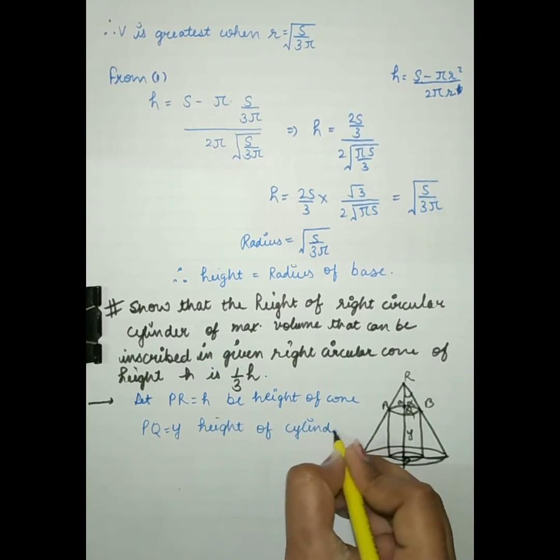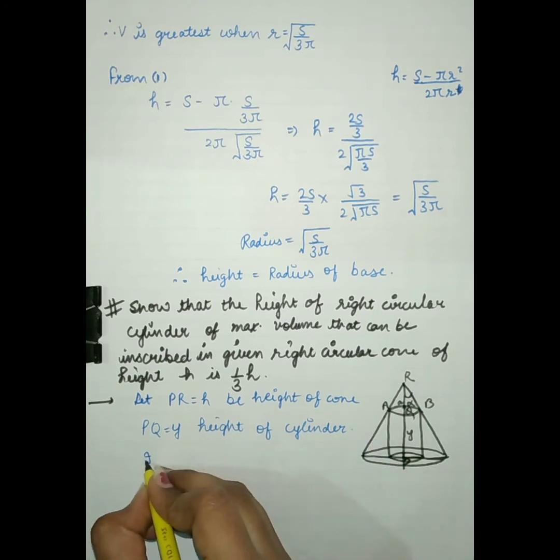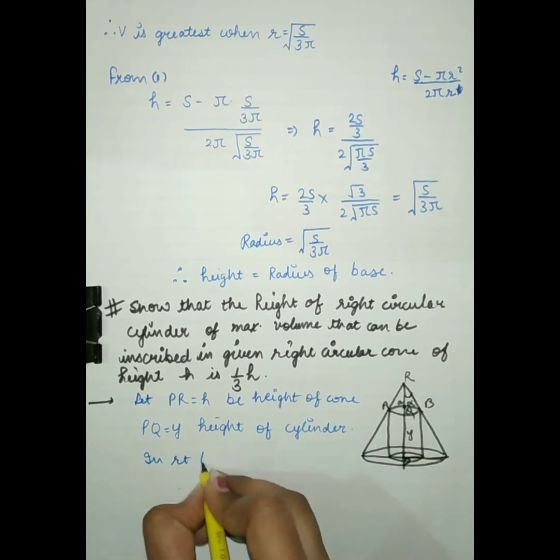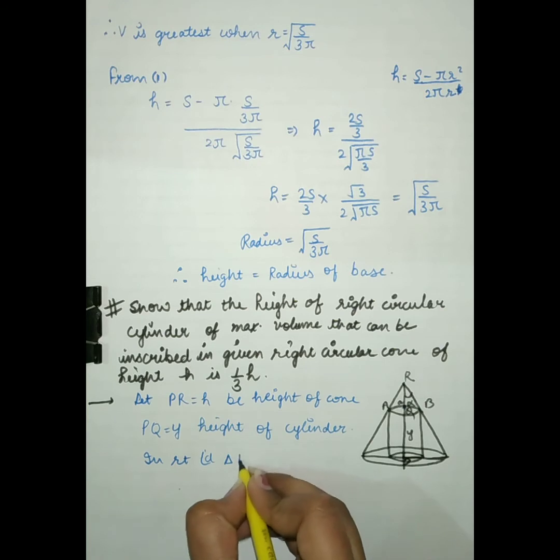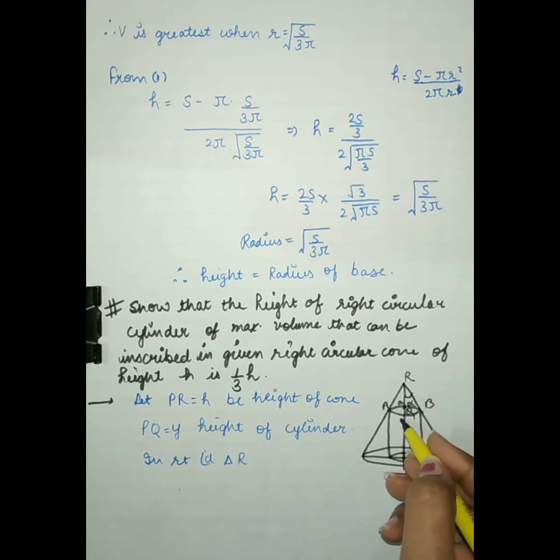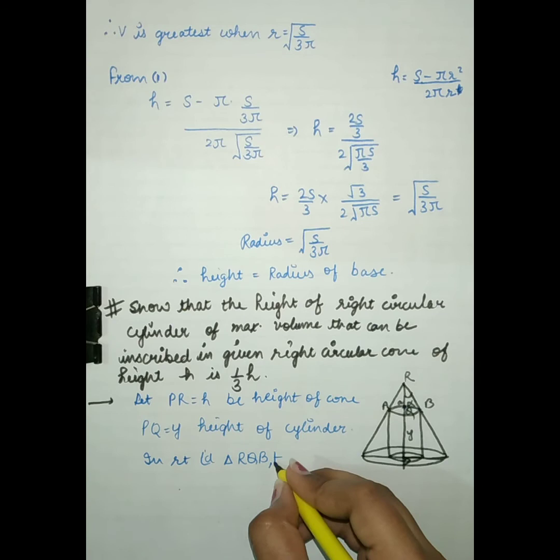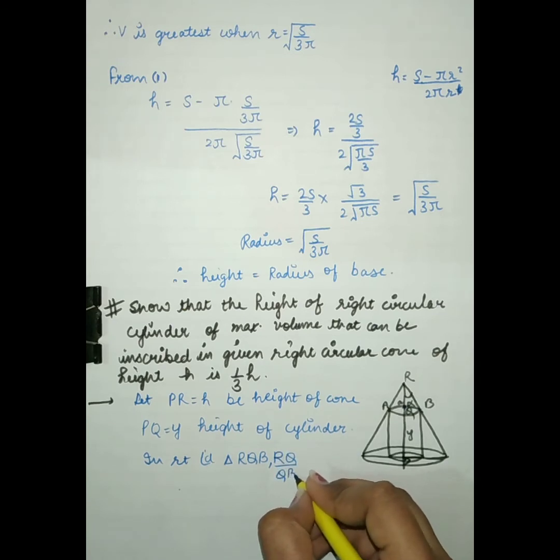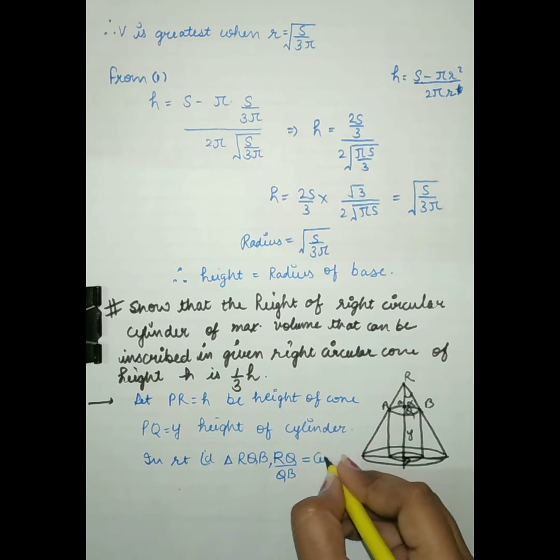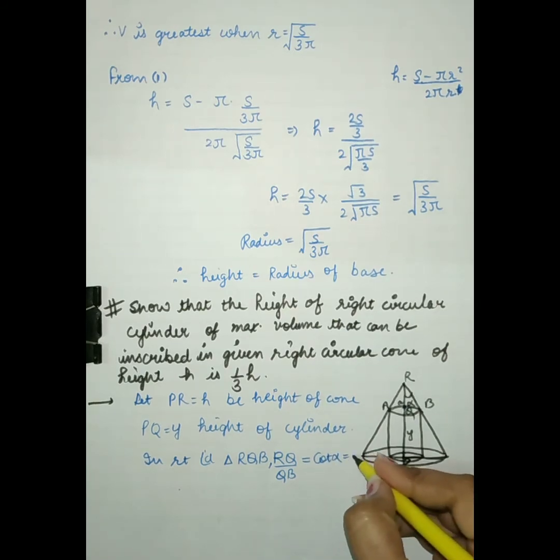Then in right angled triangle RQB, RQ upon QB will be equal to cot alpha, which is base upon perpendicular.